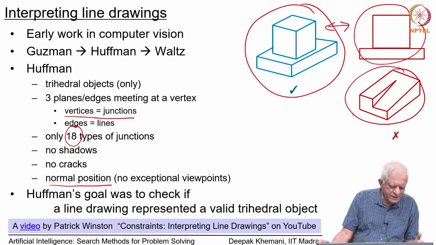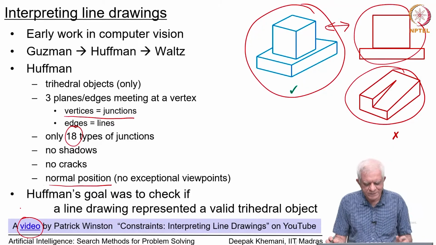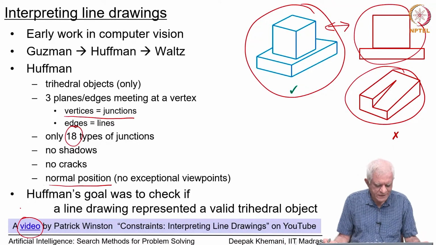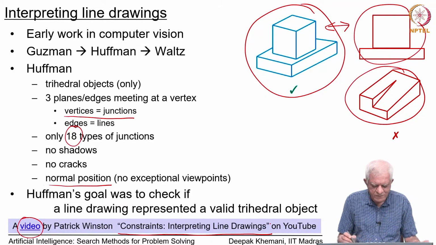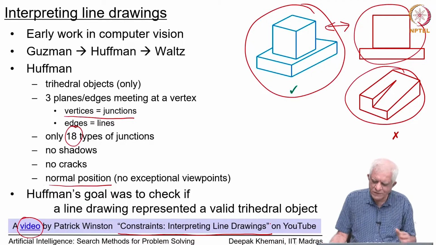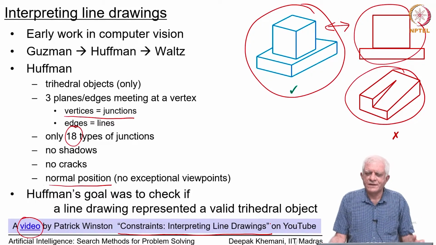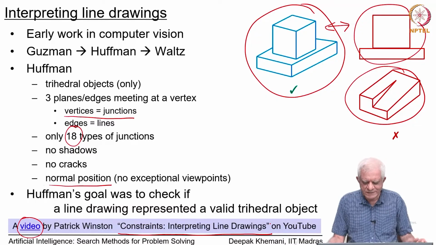I have given you a link here. If you can access the link, it should be accessible through the slide, I hope. But I have also given you the name of the video. If you go to YouTube and look for this title, Constraints: Interpreting Line Drawings, you will get this video and you will get a history of this problem, starting with Guzman and going on to Huffman and to Waltz. We will come back to Waltz later.